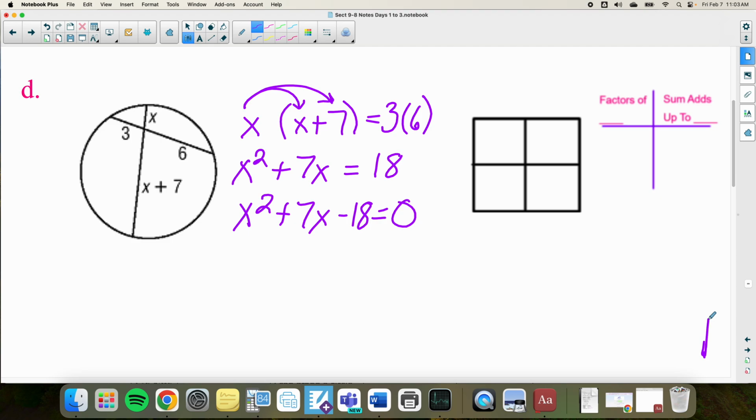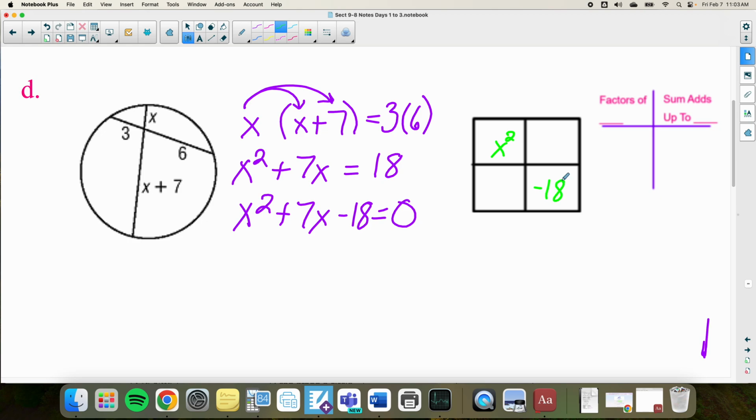And we have done this before. Do you guys remember how I showed you on the chart? And then we did this little table. Do you remember what went right here? X squared. Very good. Do you remember what went here? Minus 18. What went here?